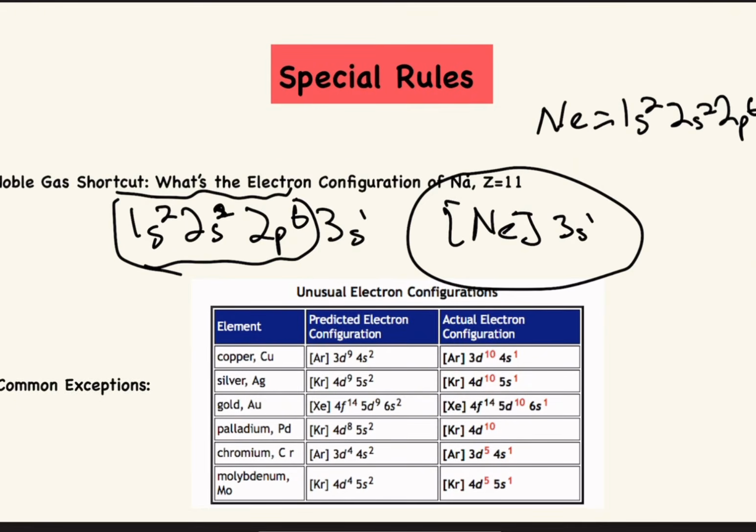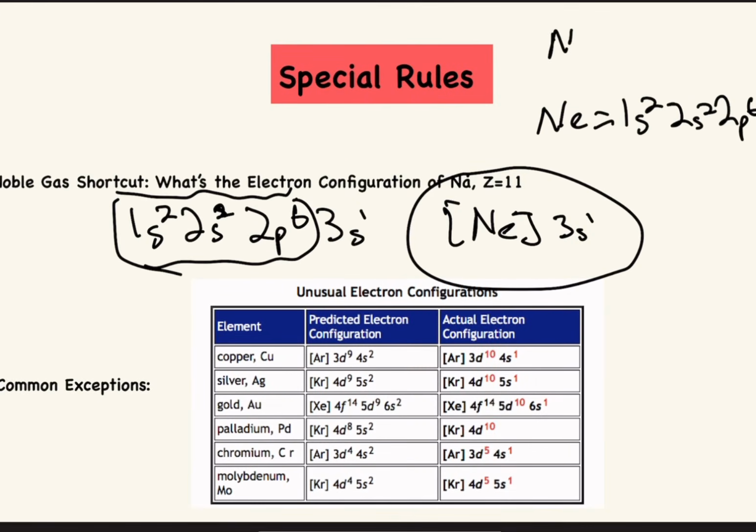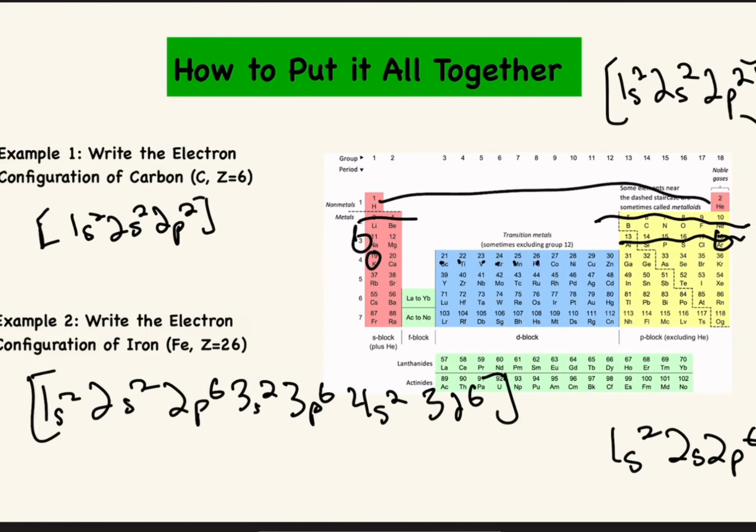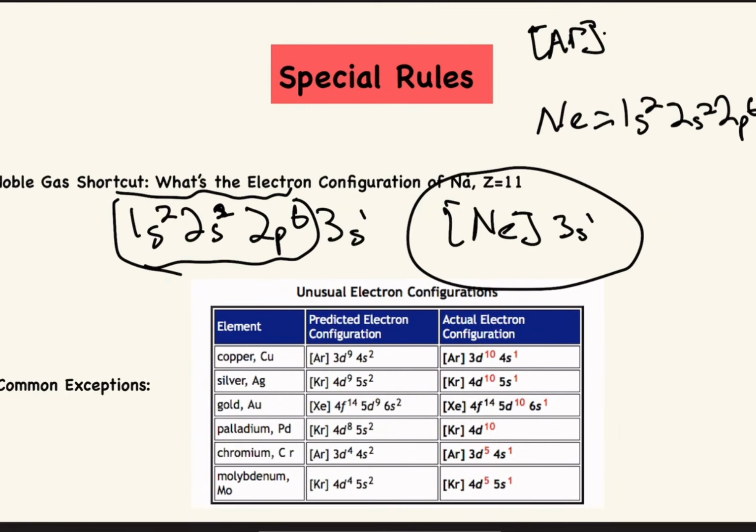And then if you wanted to do it for an element that was farther down the periodic table, for example, potassium, instead of using neon, you would use argon, which is the noble gas before potassium. And argon would cover all the ones before potassium. So you'd simply put Ar in these brackets, and then potassium would just be 4s1, simply like that, right?